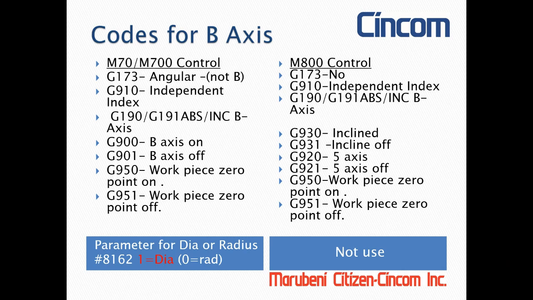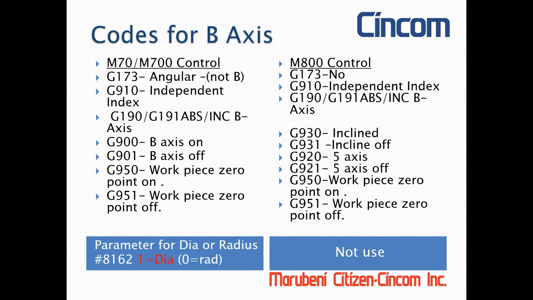On the M800 side, we have a lot of changes. G930 will be inclined surface machining, and I want to compare that with using G900 together with G950. And G920 is the TCP, tool center point control on, or as I also call it, true 5-axis.